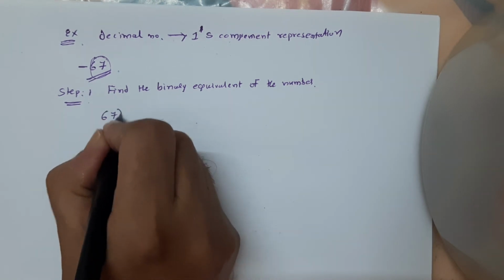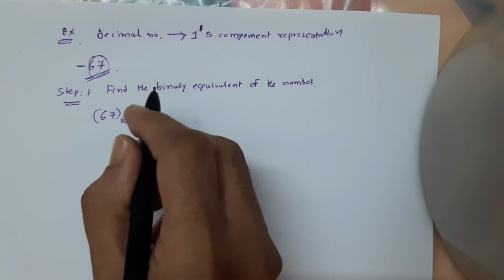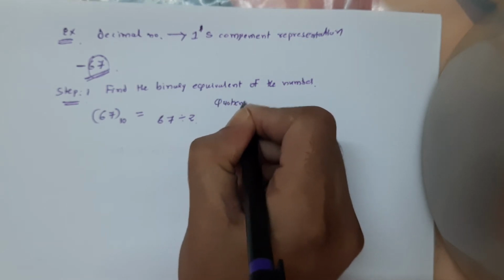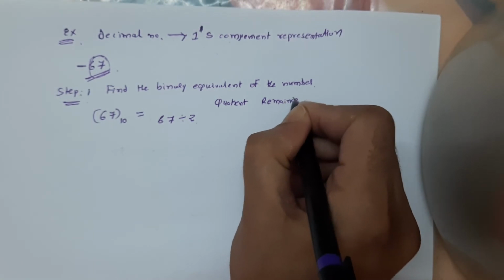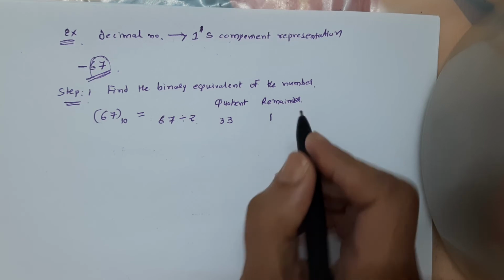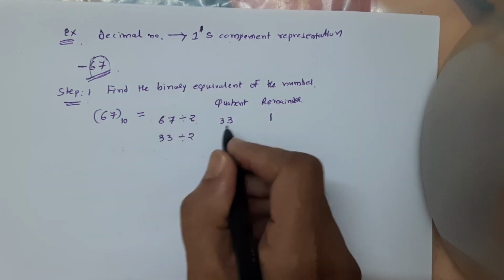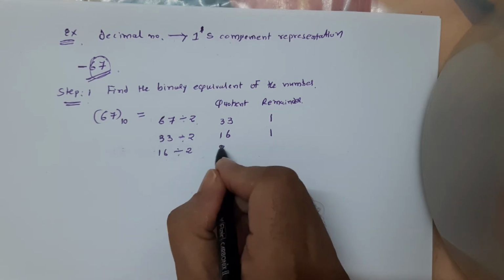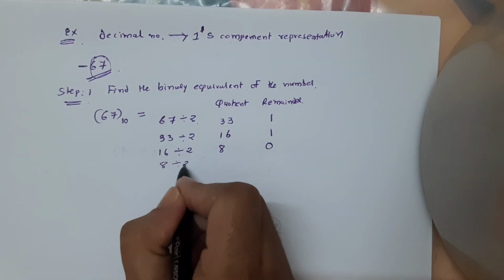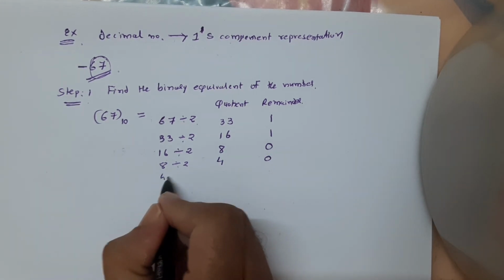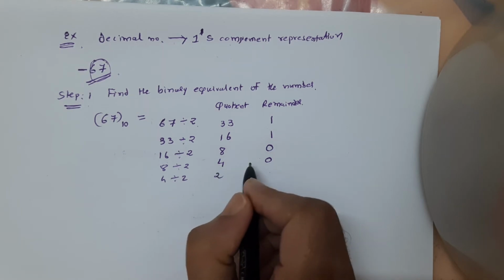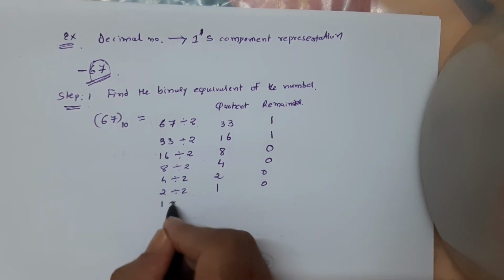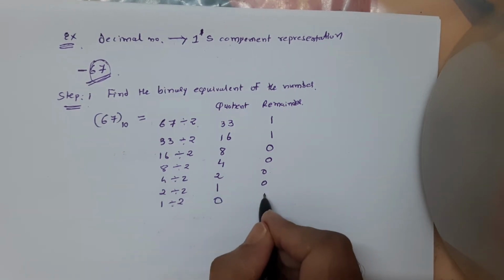So 67 in decimal: 67 divided by 2, quotient 33, remainder 1. 33 divided by 2, that is equal to 16, remainder 1. 16 divided by 2, that is equal to 8, remainder 0. 8 divided by 2, that is equal to 4, remainder 0. 4 divided by 2, it is equal to 2, remainder 0. 2 divided by 2, it is equal to 1, remainder 0. 1 divided by 2, that is equal to 0, and the remainder is 1.